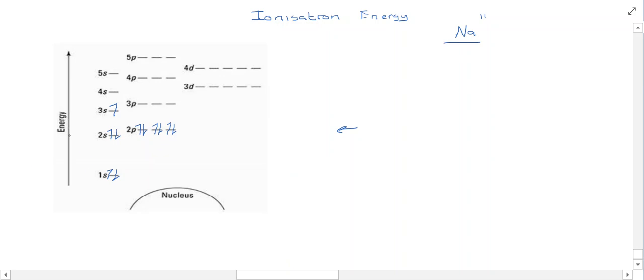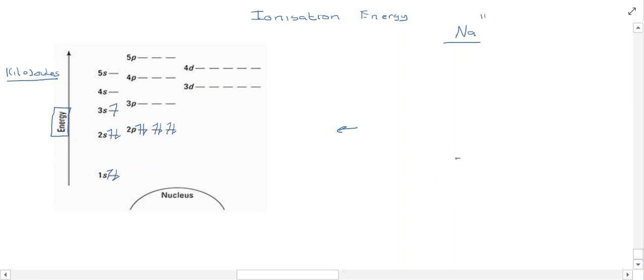Now we can think about energy, and we can think about energy in terms of kilojoules. Really, what we're talking about here is each of these electrons, and we can draw it like this as well.